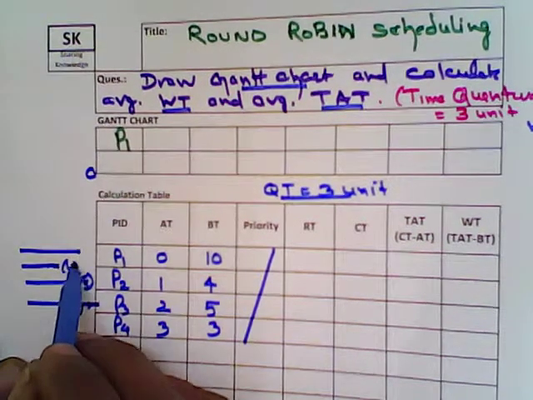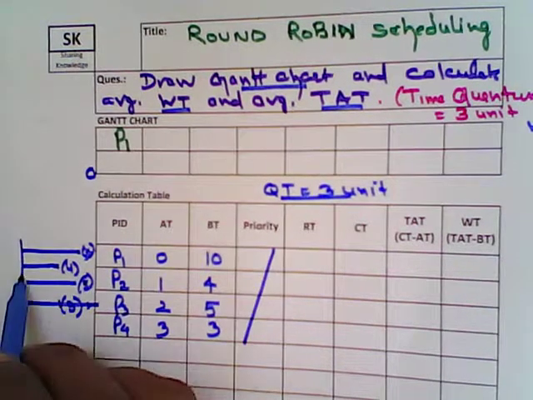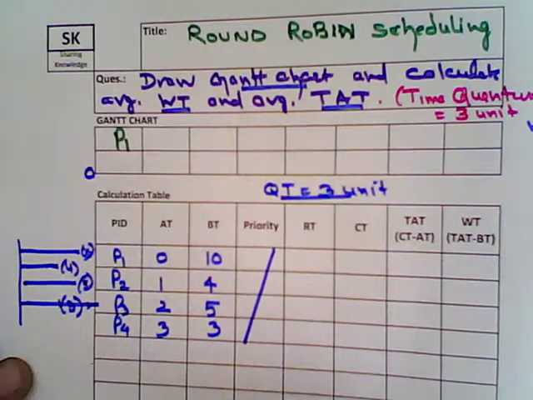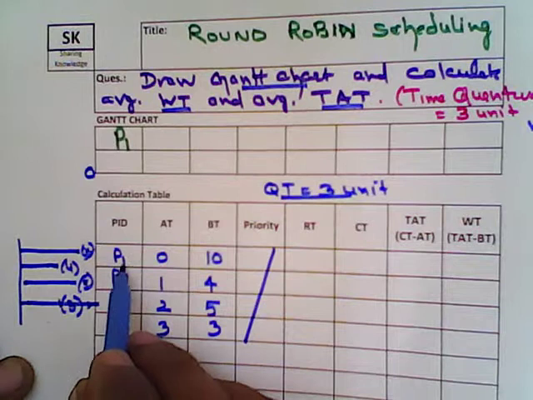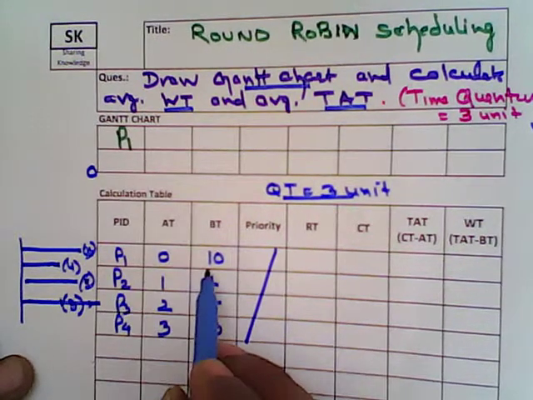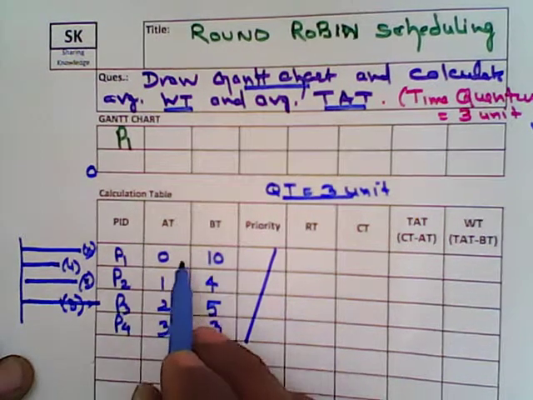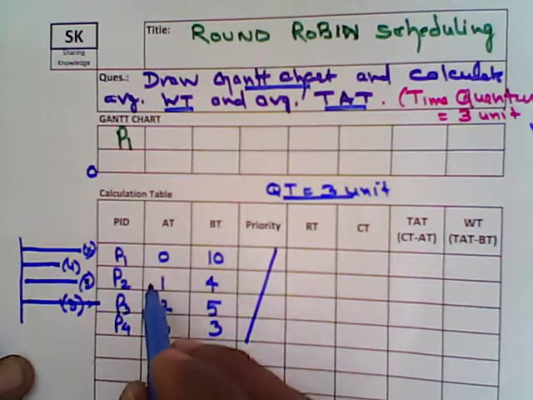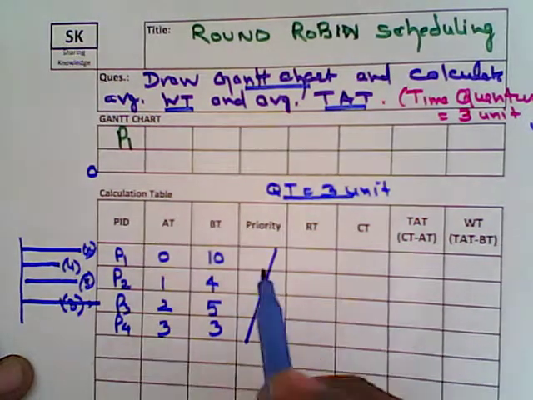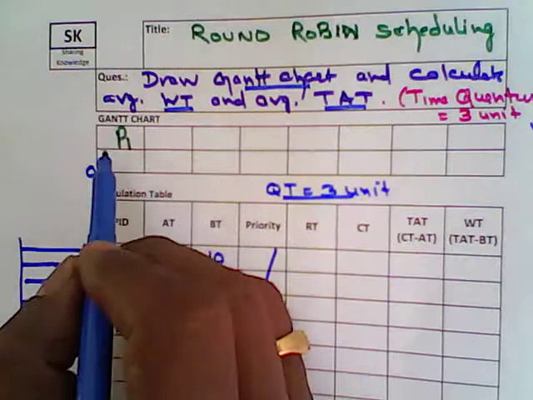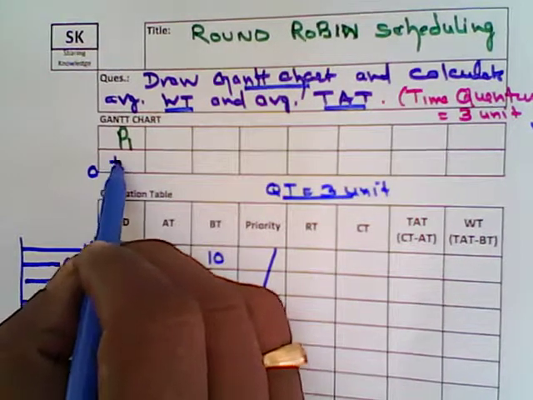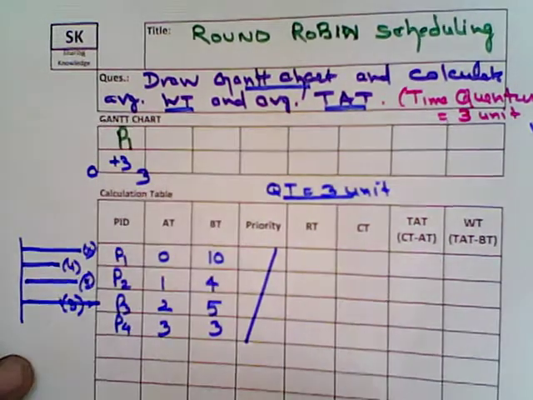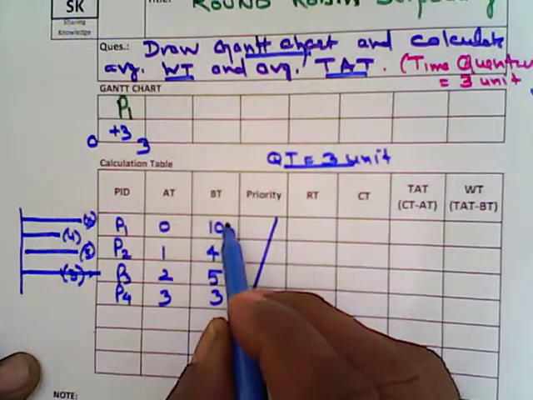As the process keeps moving, we should not allow P1 to run for 10 units in the first instance; rather, we have to take care of the other processes. So we go with 3 units. After 3 units of execution, the remaining time is 10 minus 3, which is 7.